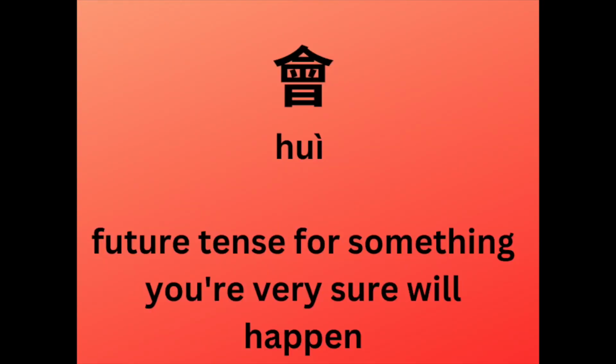But let's forget those two and concentrate on the use for 会 as the future tense. So 会 is a little bit different from 要, in that 会 really means that something is almost pretty sure to happen. 要 just means that, okay, you are going to do this, something is going to happen.